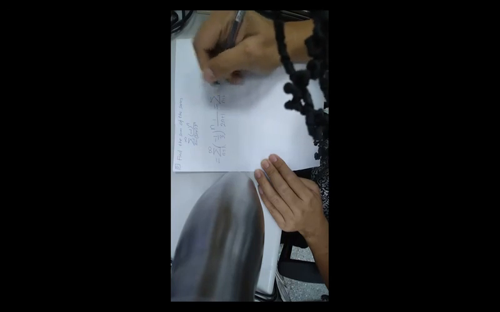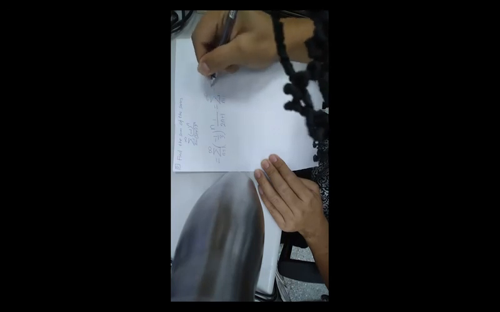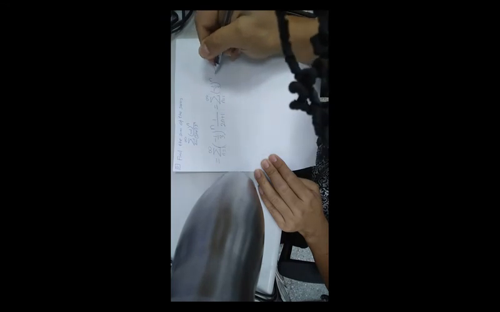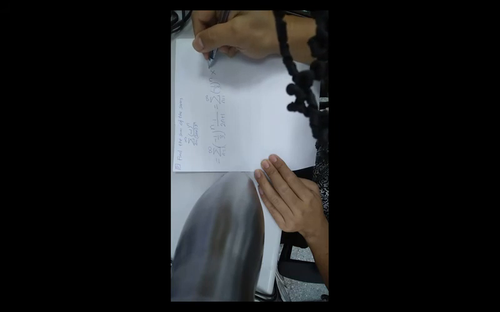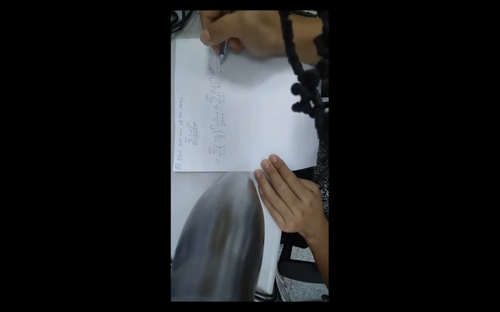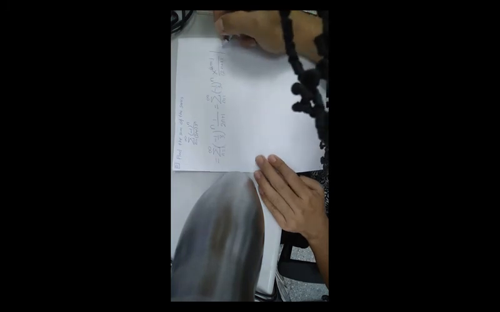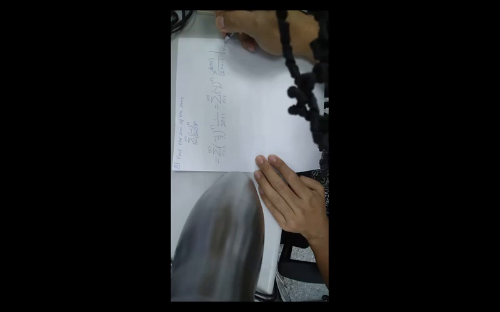Summation n from 1 to infinity of minus 1 over 3 to the n times x to the power 2n plus 1 over 2n plus 1, when x equals 1.